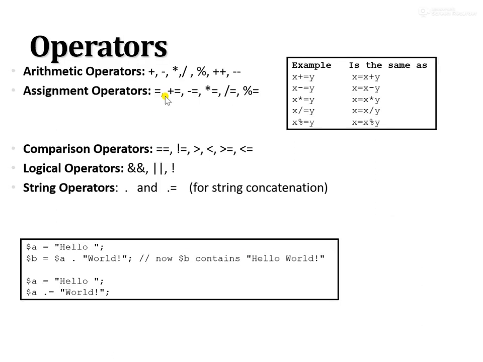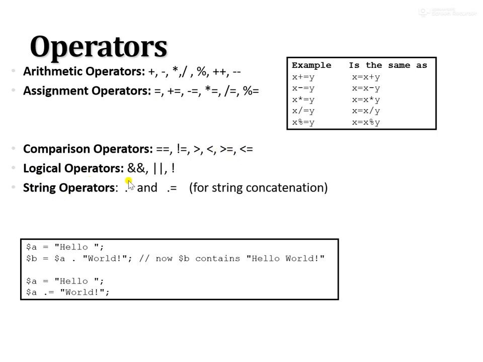We can use different operators with PHP variables, like arithmetic operators: addition, subtraction, multiplication, division, mod, increment, decrement. Assignment operators can also be used, same as in C++, and comparison operators: equals to, not equals to, greater than, less than, greater than or equals to, less than or equals to.